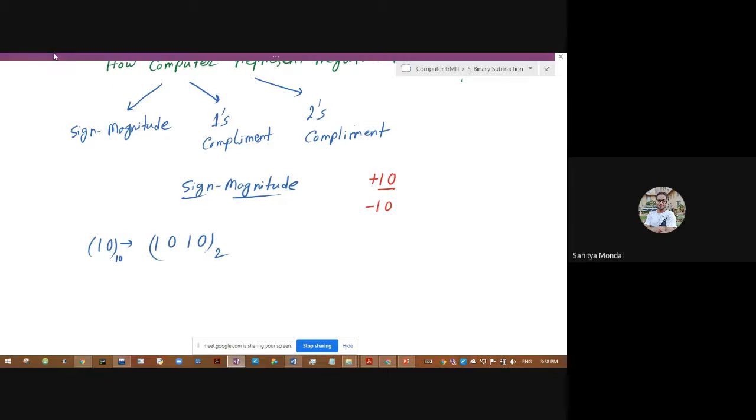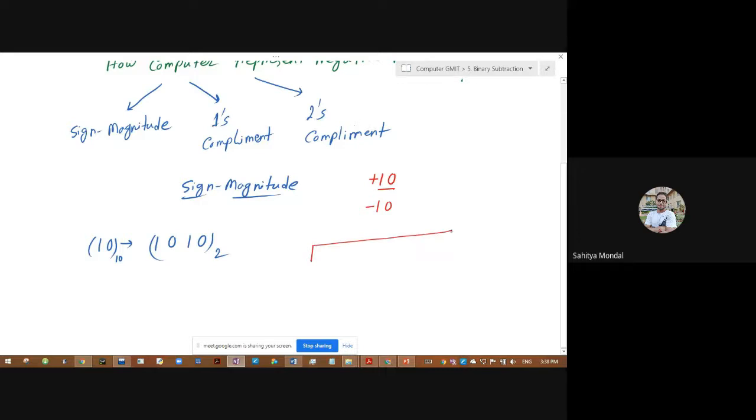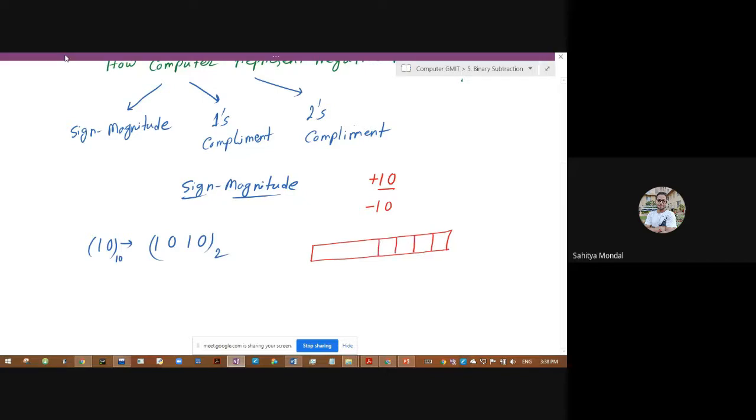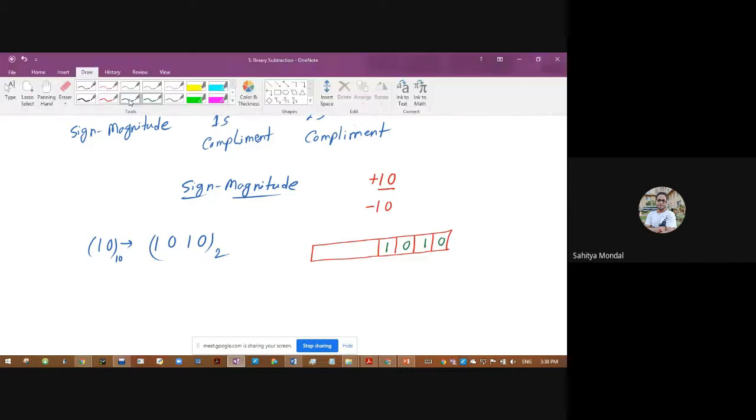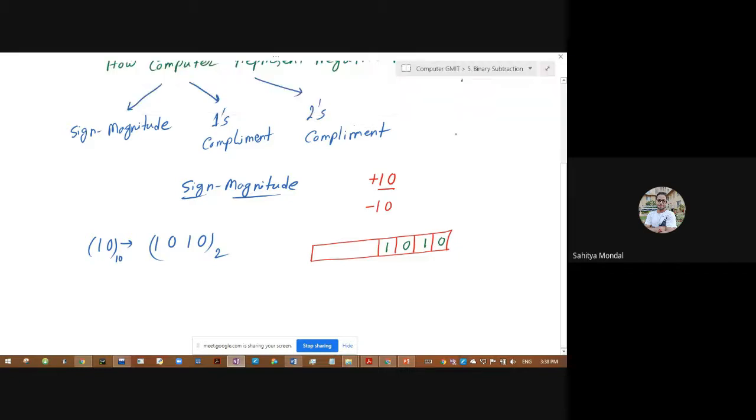The first methodology is sign magnitude. The number 10 requires a 4-bit area in the memory: 1, 2, 3, 4. So 1010 will be put here. Now you know computer memory comes in 2 to the power n sizes.